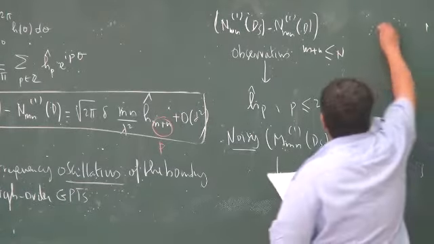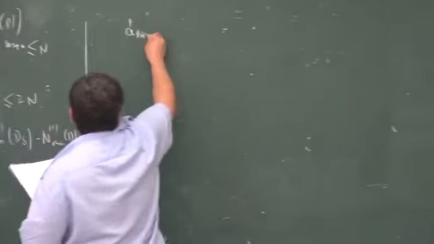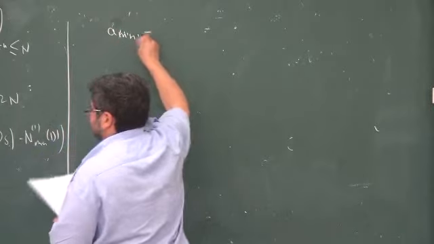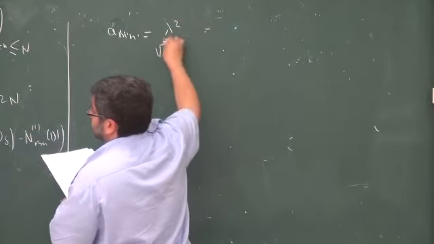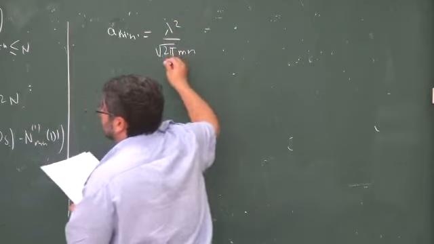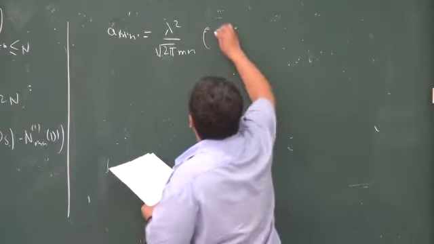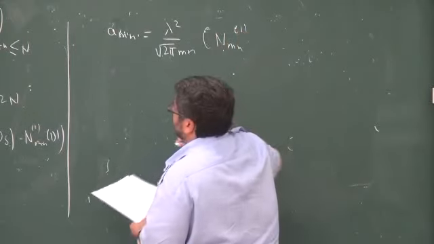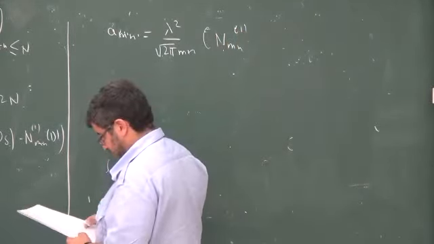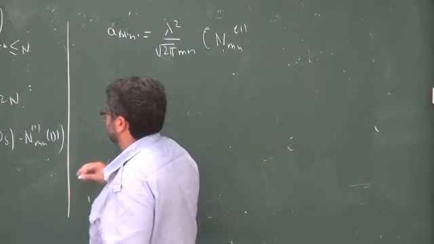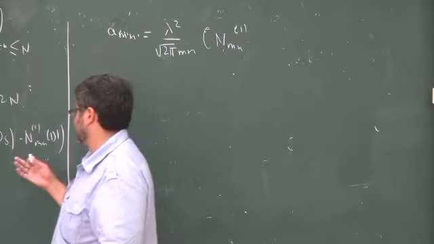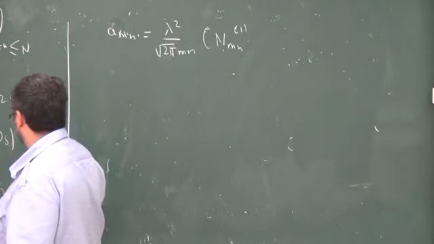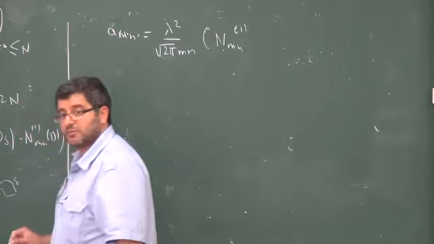So we introduce a_mn. They are given by inverting this one. They are given by lambda to the 2 over square root of 2 pi mn of N_mn 1. So I will consider the following: we are interested in small volume expansions, small inclusions. So I would have small changes of the shape of a small inclusion.